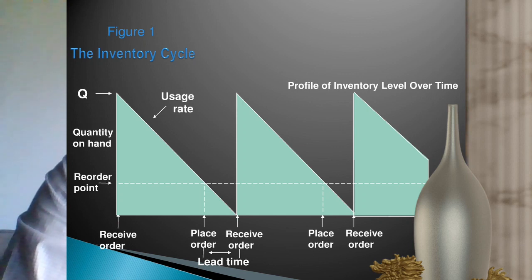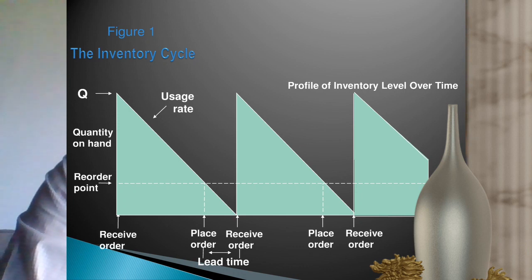After a certain point of time, your inventory again reaches zero. Since it is an instantaneous replenishment model, whenever you receive the order, you get the full amount Q. So again, your inventory goes from zero to full Q, and then it goes down slowly as you consume it. This is the typical behavior of the instantaneous delivery model.